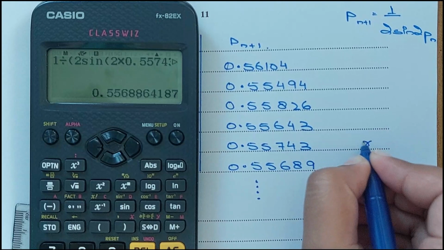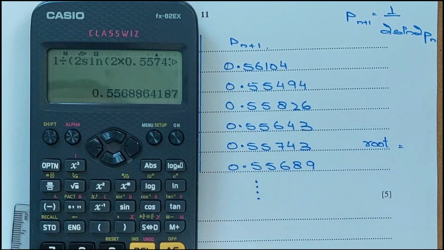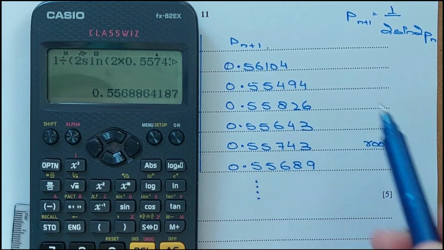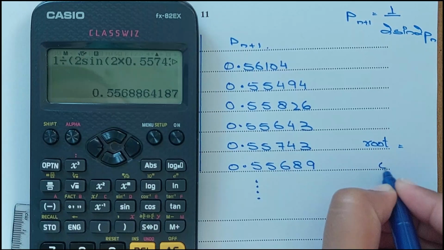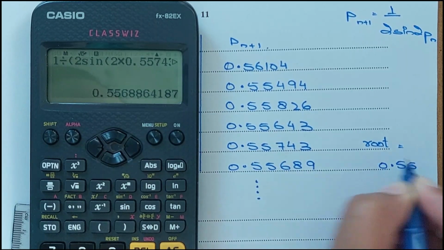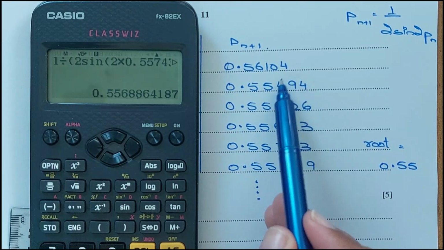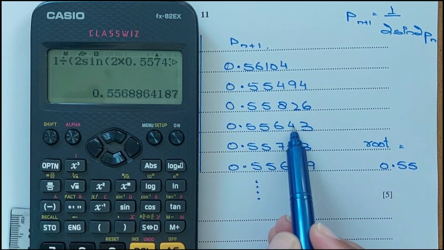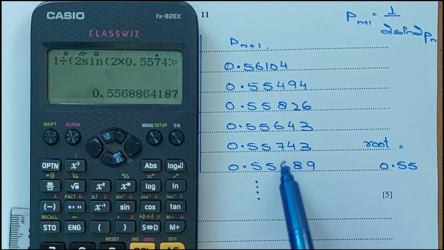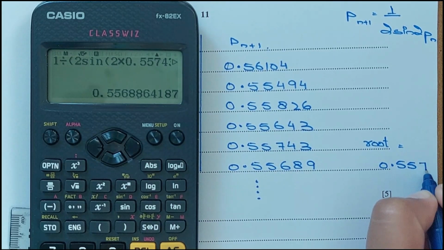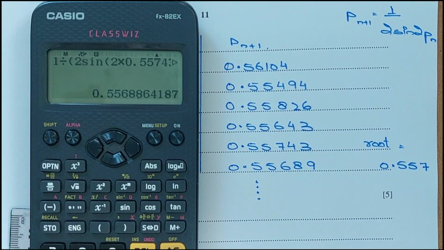Let me find the root up to 3 significant figures. We have 0.55, this is fixed. Now we have 4 rounded to 5, this is 8, this is 6, this is 7, and this is 7. So 0.557 is the root.